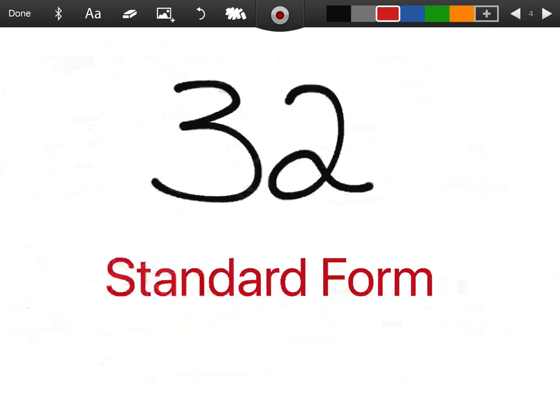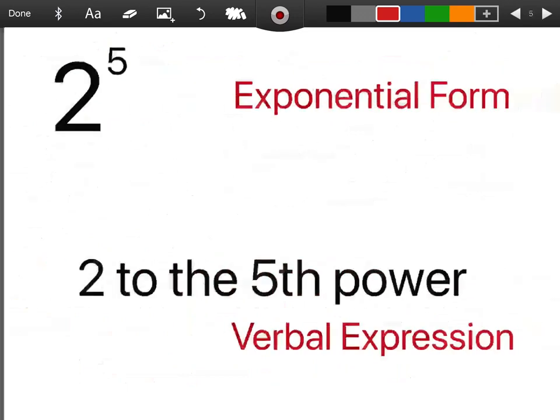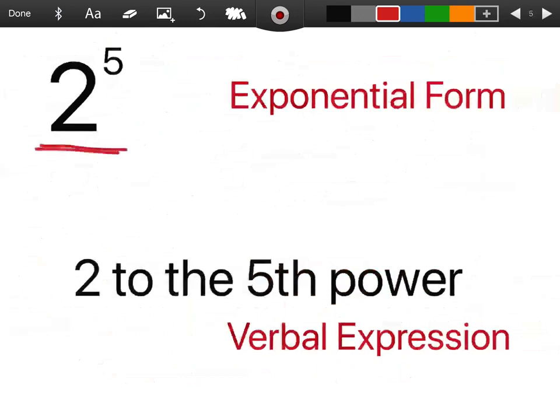Standard form is what you normally think of when you think of a number. So the number 32 is a standard form. 32 is just how we normally talk, a normal number. Normal numbers, standard form. Exponential form is exactly what we were doing before. I have my base, I have my exponent. It is called exponential form. Basically, you can keep it straight: if it shows the exponent here, it is exponential form.